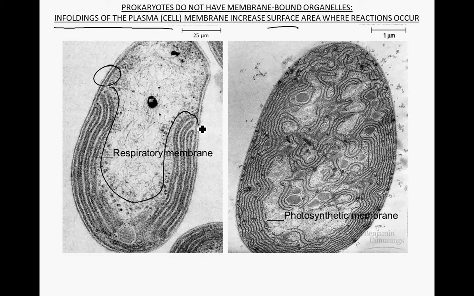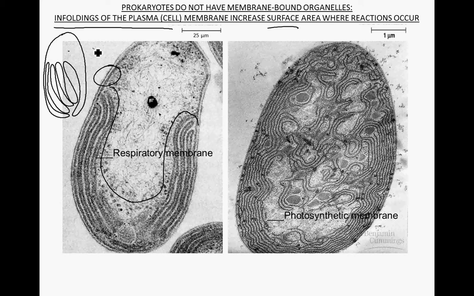So if I was to sketch it, this would be just the membrane. And what happens is you infold that membrane like this, back and forth, and this creates an increased surface area for reactions to be occurring. And again, this membrane is separating the inside of the cell from the outside of the cell. So many of these prokaryotes are doing what eukaryotes are doing across their organelle membranes.